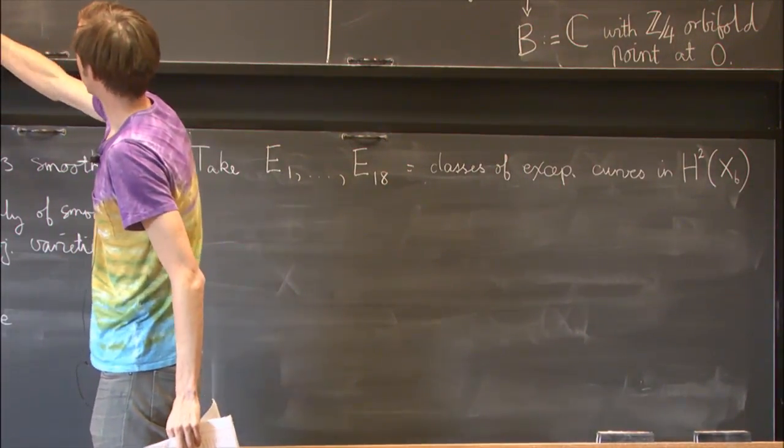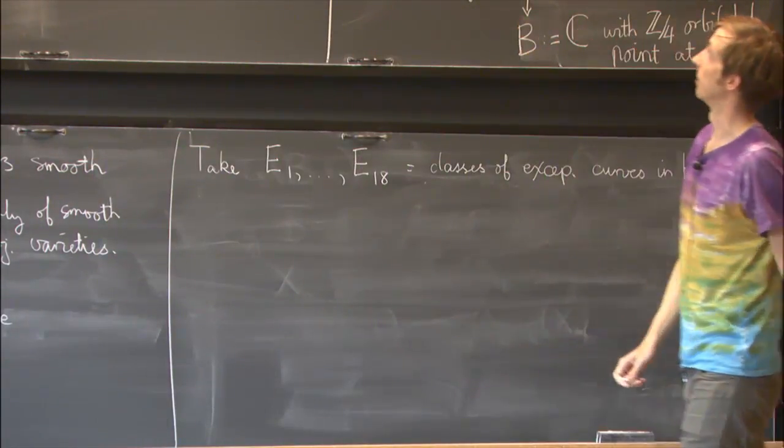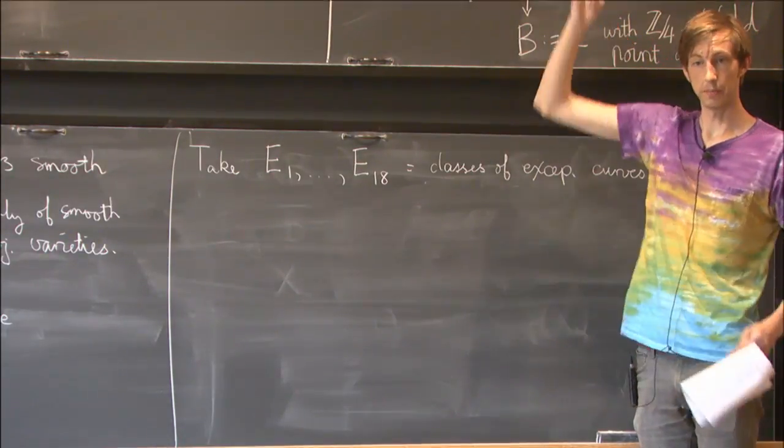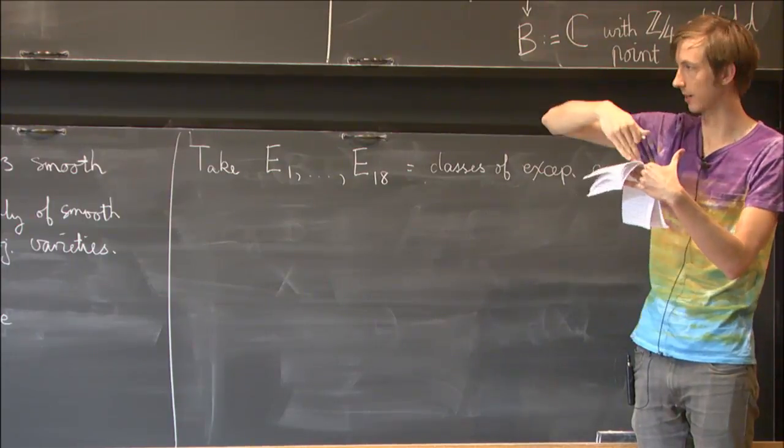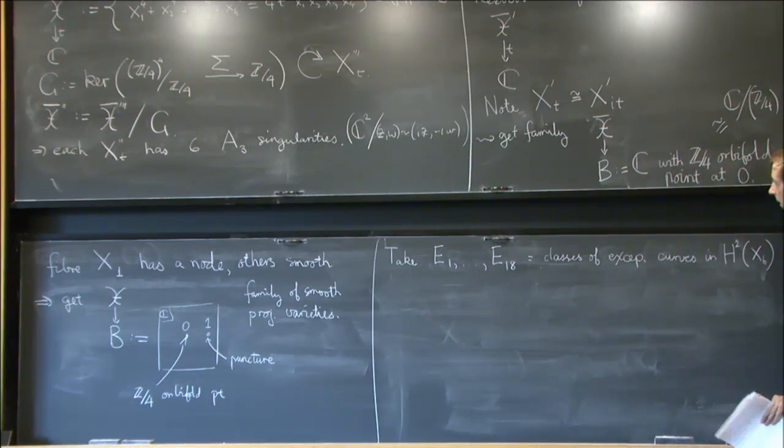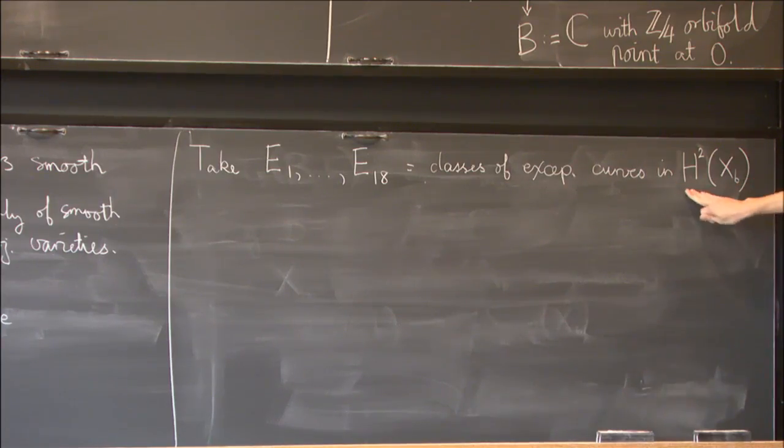So we had these 6 A3 singularities in each fiber. When we resolve them, each one gives us 3 components of an exceptional divisor above each. So we get a total of 18 exceptional curves inside this H2 of our fiber.